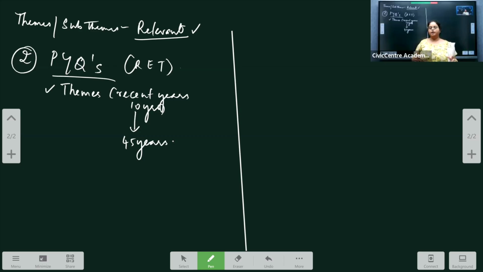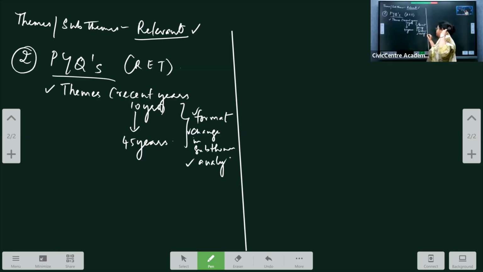How did the questions evolve in the context of format, in the context of change in sub-themes, and in the context of whether they are asking you to remember factual knowledge or they are asking you the analytical part of the concept. So that should be your approach when you see the PYQs while you're searching for the themes that need to be asked for a particular topic.